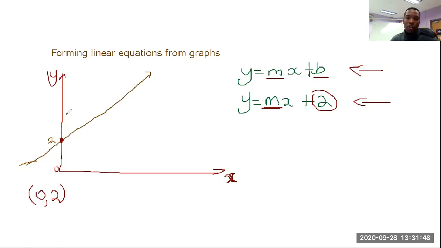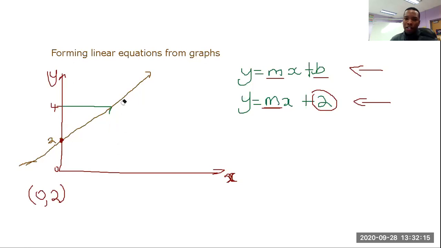0, 2. So now let's say this is 4, right? Then let's say this matches up to another one. And when you see this green line that I'm drawing, this is me just matching up. If this was on a graphing line, the lines would already be there. You wouldn't have to match it up.